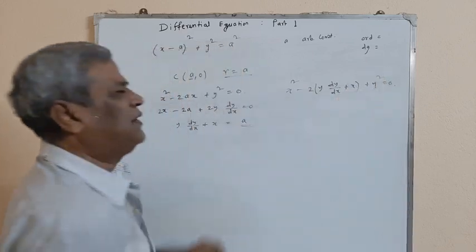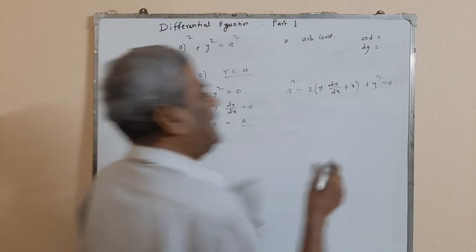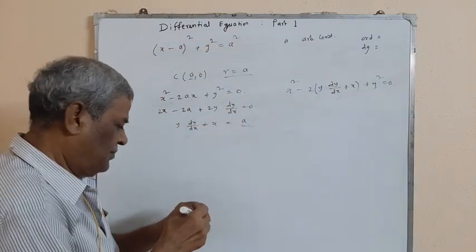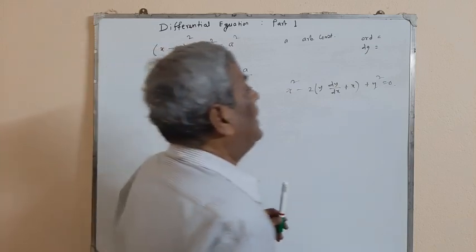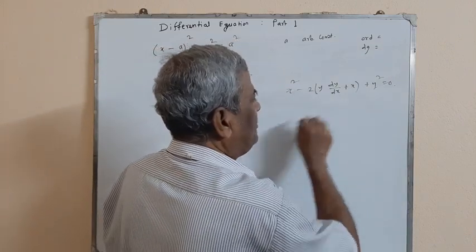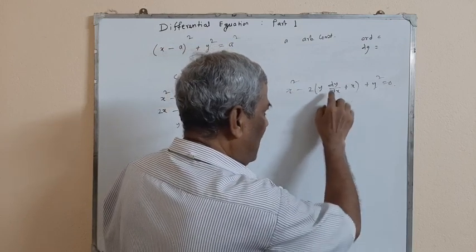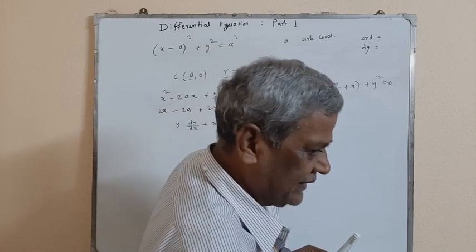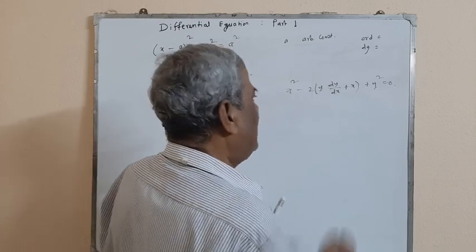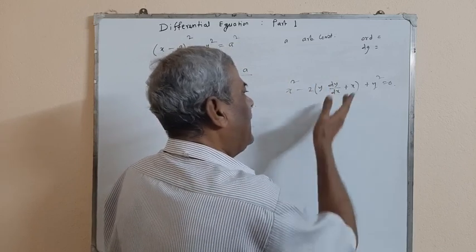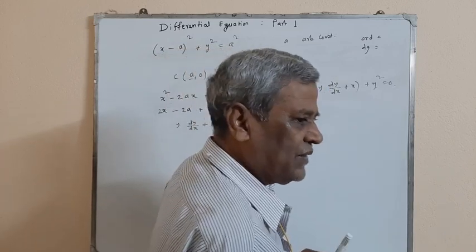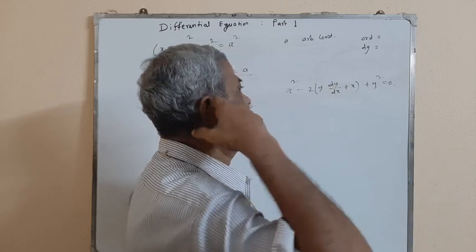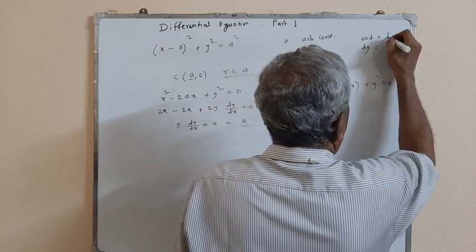This is the corresponding differential equation, because here x is present, y is present, dy/dx is present. From it, the maximum order of derivative present is only dy/dx. So its order is 1 and its power is 1, and no other derivatives are present. So the powers of all derivatives are integers. So order 1, degree 1.